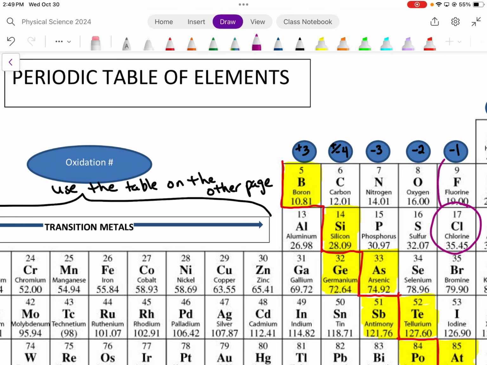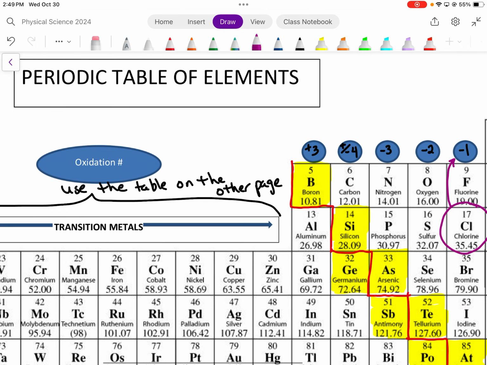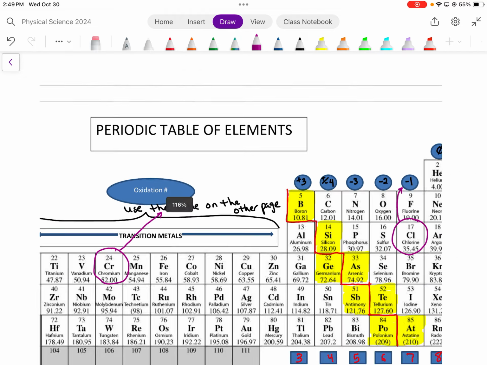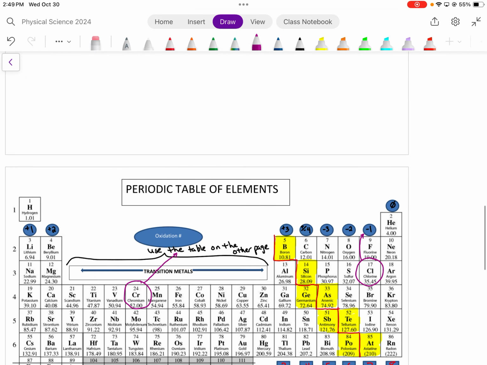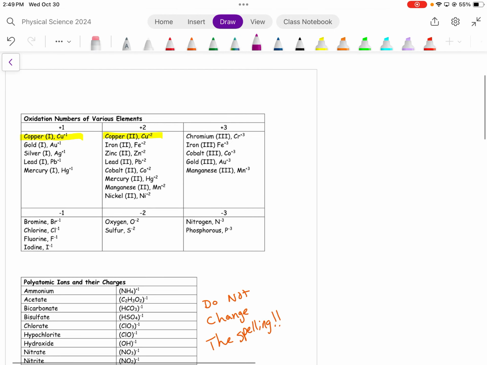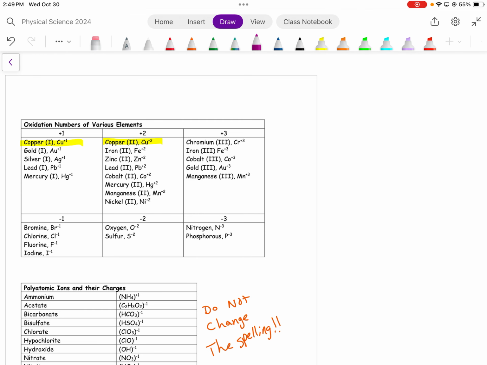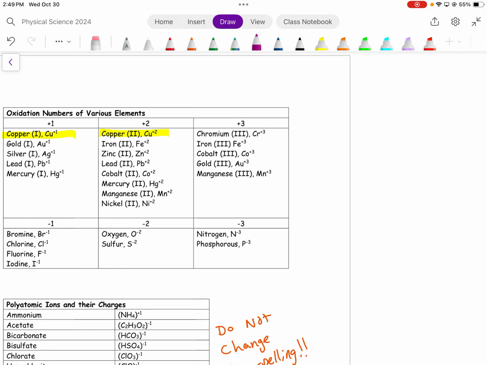So here is chlorine. Chlorine has a -1. And here's chromium. It's a transition metal, so remember I have to use the table on the other side, so I'm going to scroll to that.